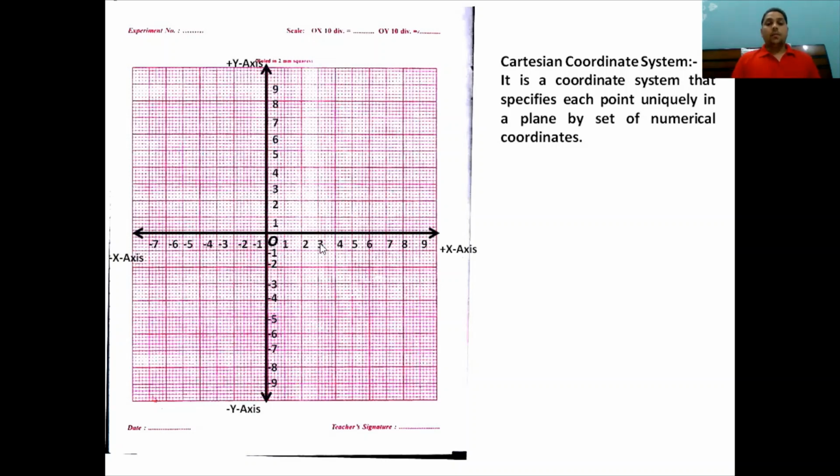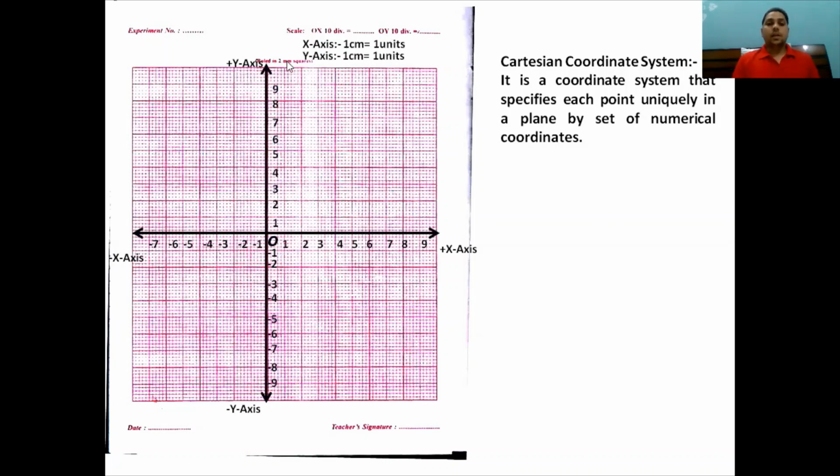From origin O, where these lines intersect each other, when we proceed in the positive direction of the x-axis, we have numbers 1, 2, 3, 4 and so on, and here we have the negative direction of the x-axis with numbers -1, -2, -3 and so on. Similarly, on the upper part we have the positive direction of the y-axis and on the lower part we have the negative direction of the y-axis.